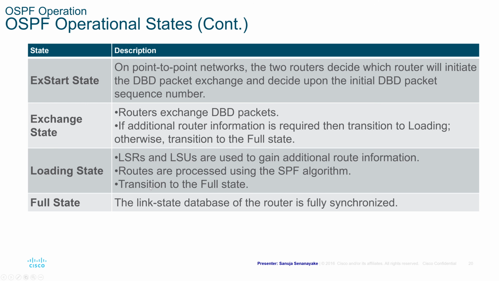Once it has obtained that information, it transitions into full state. So it could go from exchange state to full state, or from exchange state to loading state to full state. At full state, the link state database of the router is fully synchronized, and the OSPF operation here has been completed.